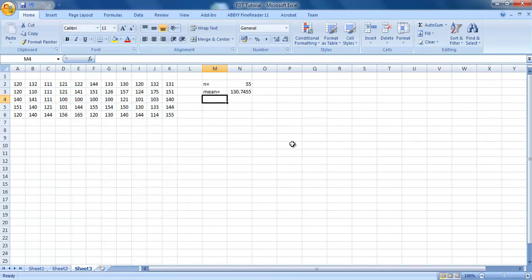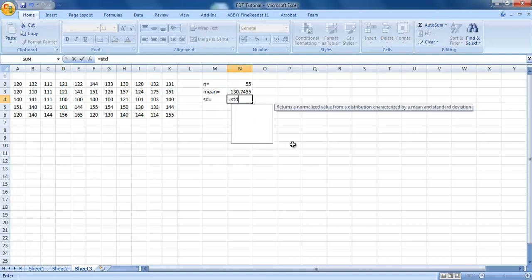Then let us determine the standard deviation. SD is equal to, then at the right side is equal to. Let us use the formula STDEV to calculate the standard deviation of a sample.